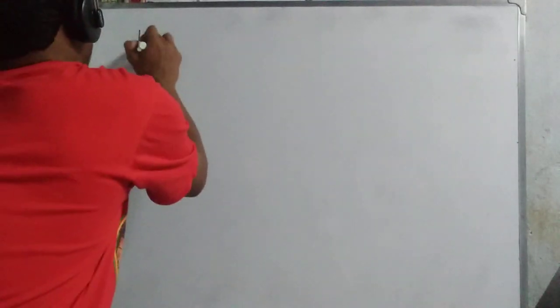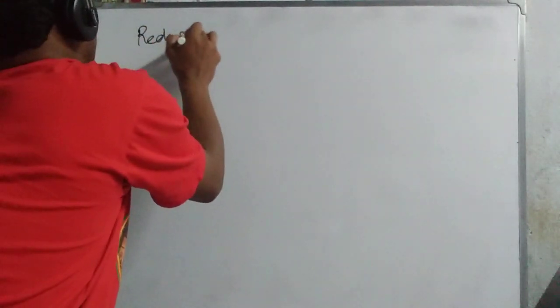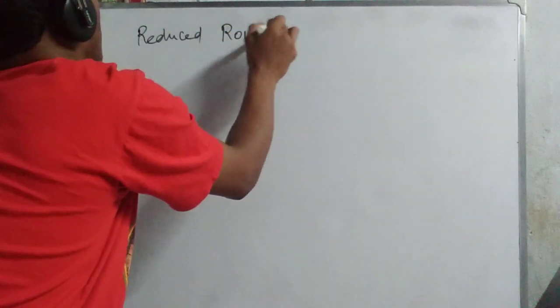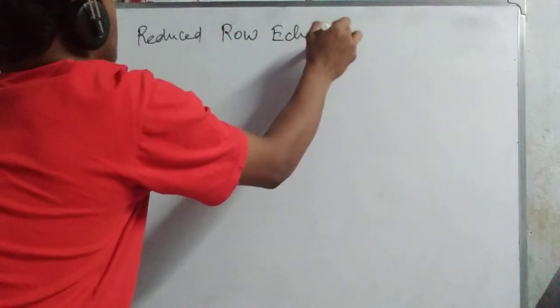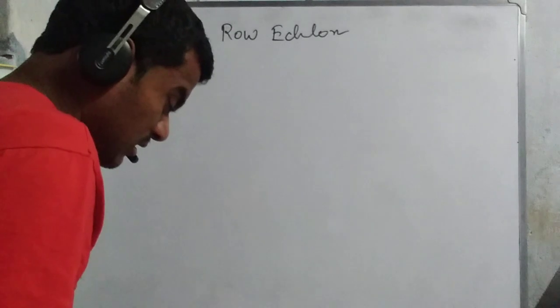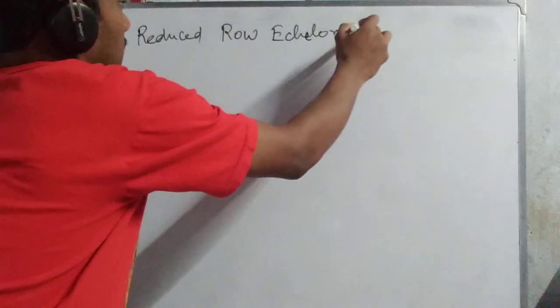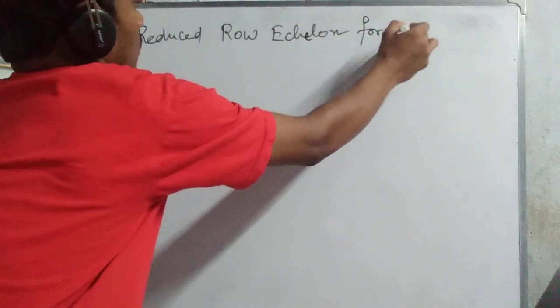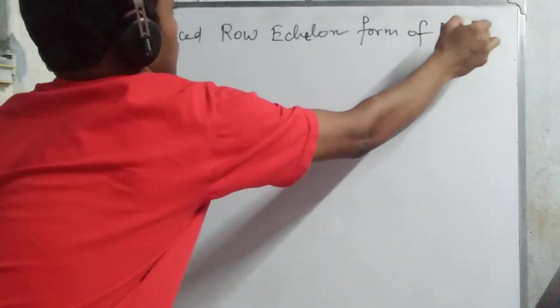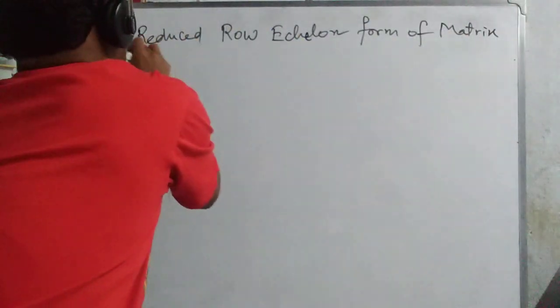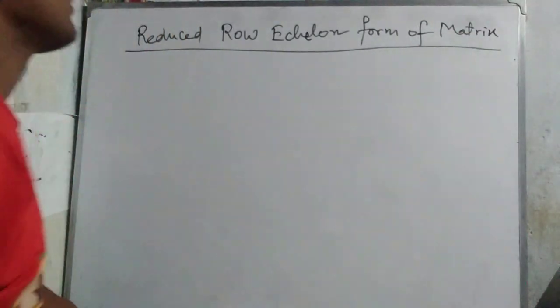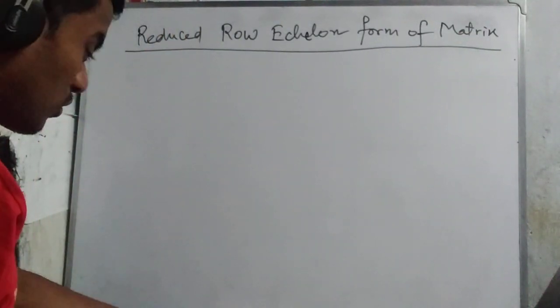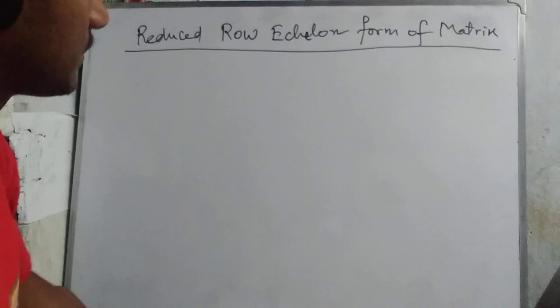Okay, the reduced row echelon form of a matrix. We're going to look at the definition of that.